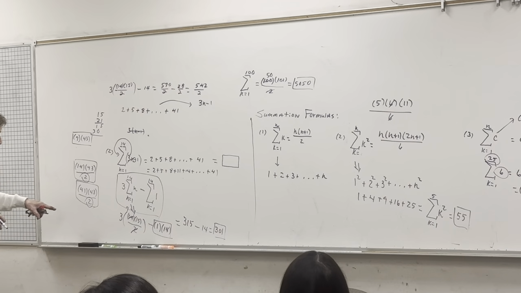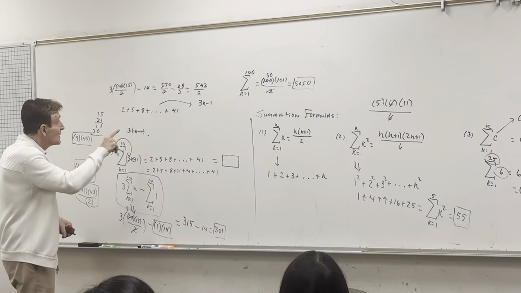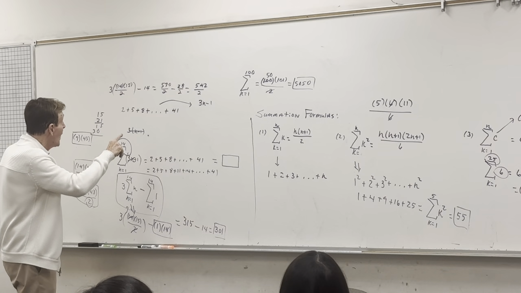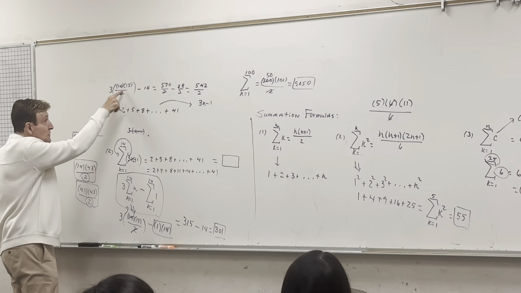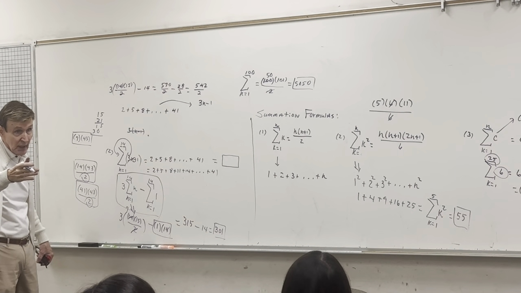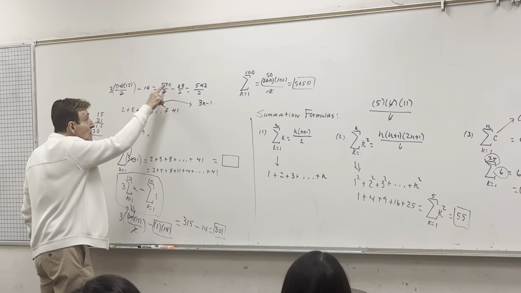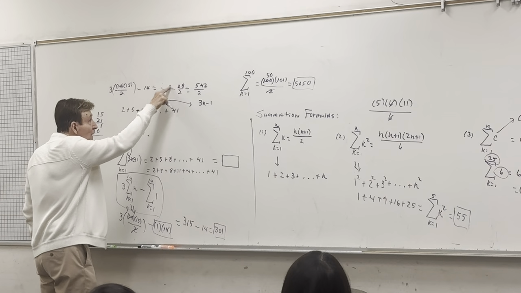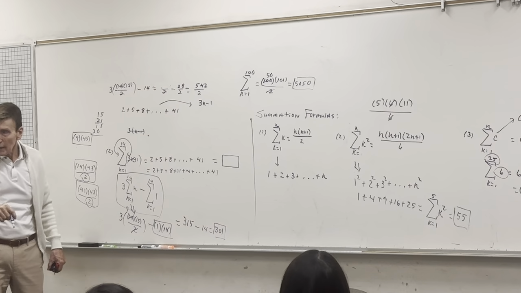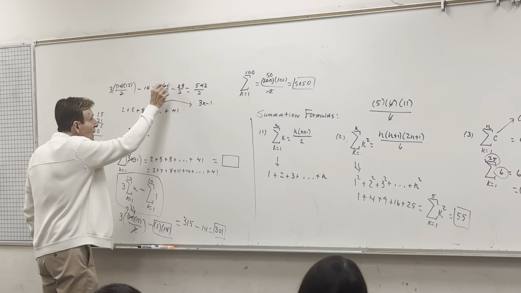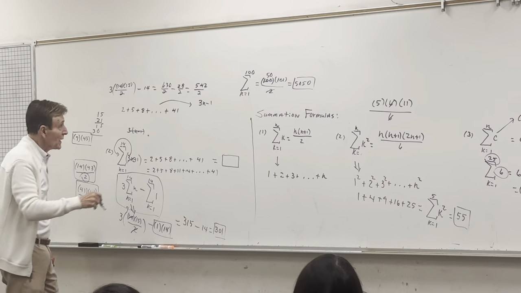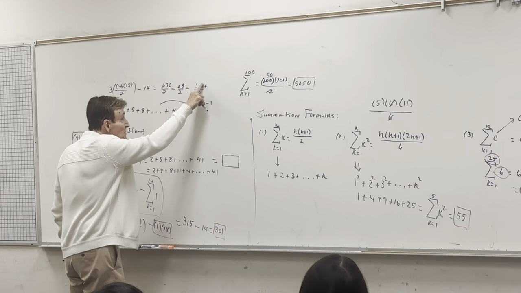14 times 15 should be 210. Oh, wait, where was it? Just in the beginning, 14 times 15. Oh, right here. Yes, how much was that? 210. 210 times 3, what's that, 630? Yeah. Then subtract 28, what's left? 602.